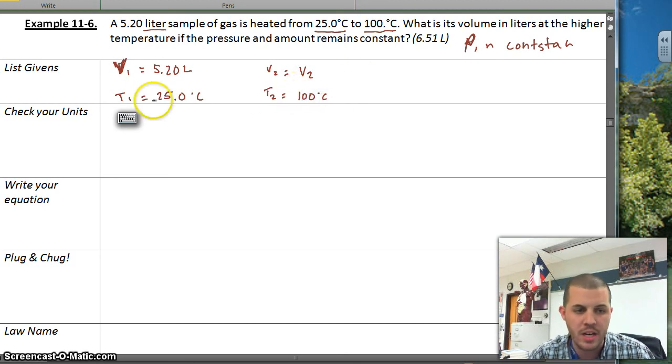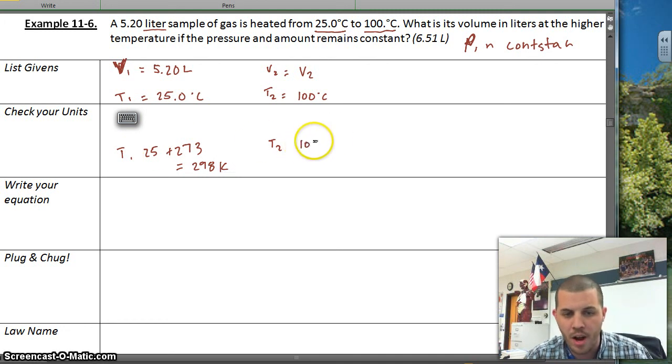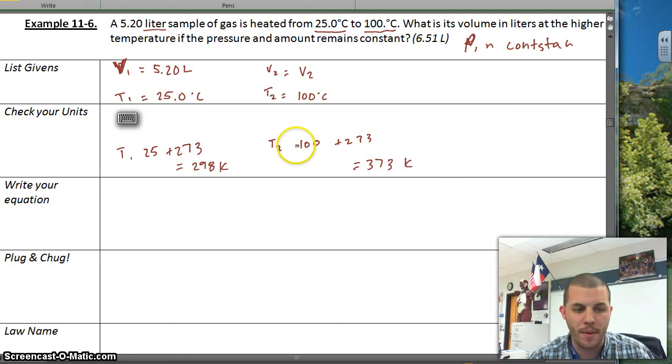Now, as we know, I have to convert T1 and T2 to Kelvin. So 25 plus 273 equals 298 Kelvin is what we're going to use for T1. I've also got 100 plus 273 equals 373 Kelvin for my T2.